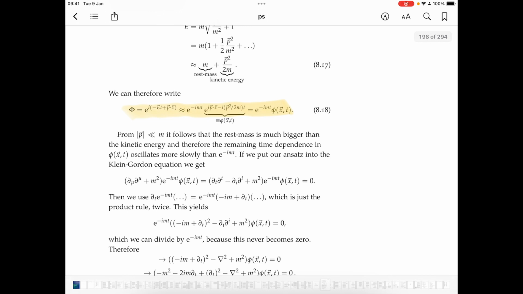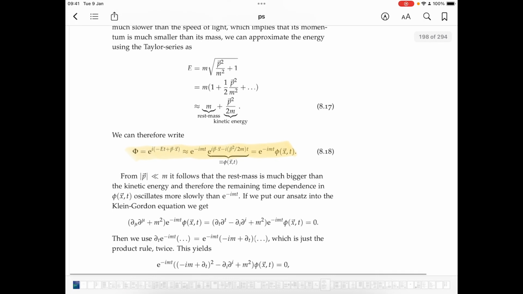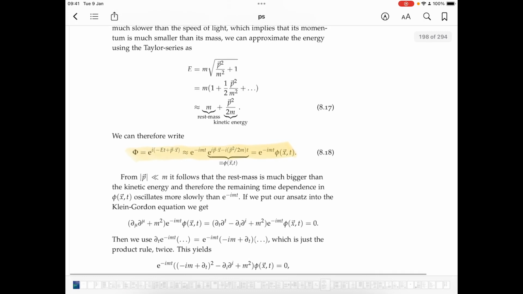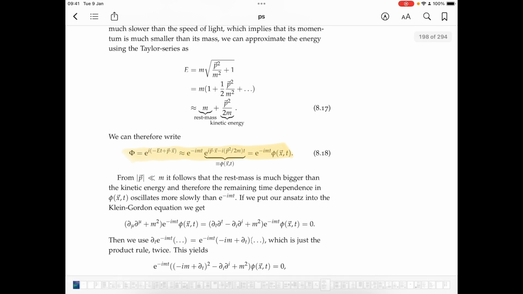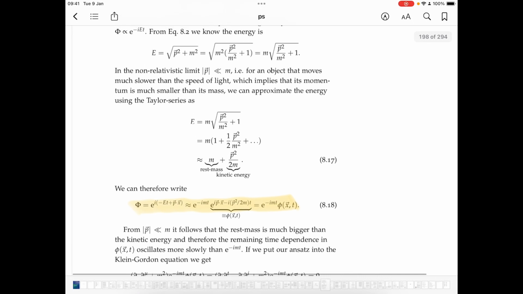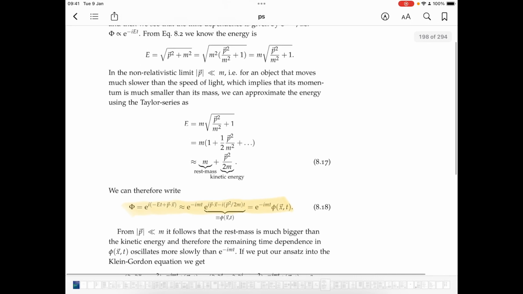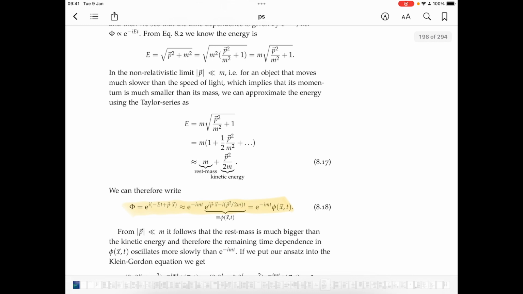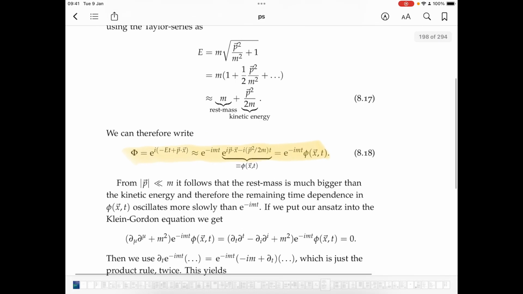So it's just an approximation, and maybe that approximation is exactly the non-relativistic stuff happening, right? If you're doing that m plus p squared over 2m, probably that's exactly what happens when you have small speeds, or like the speed of light being infinite or something.